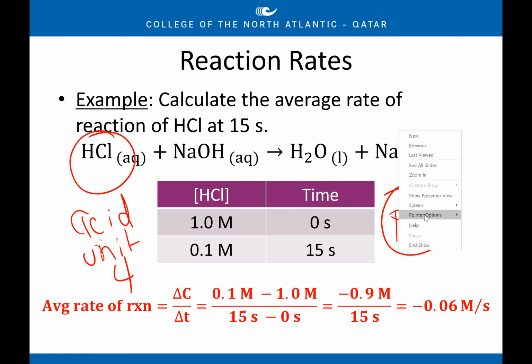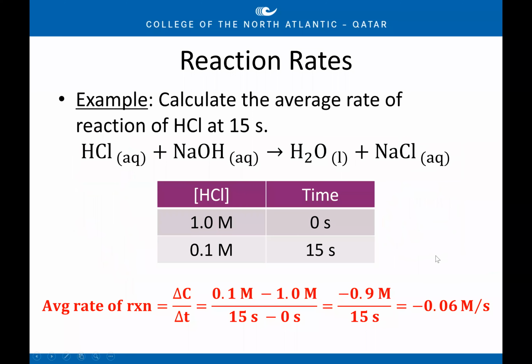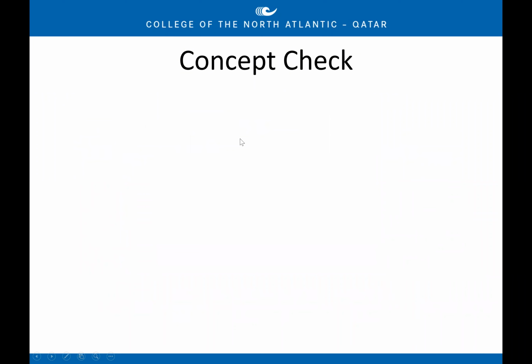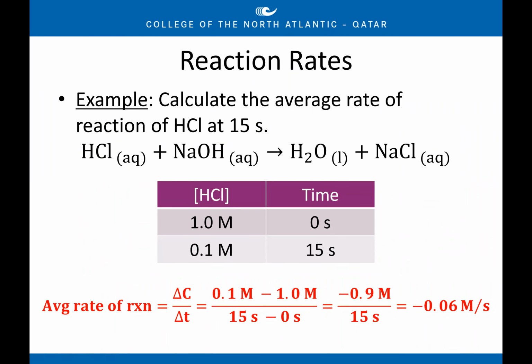Okay, so let me clear my writing. How do we do this calculation? Very, very easy. Calculate the average rate of reaction of hydrochloric acid, that's HCl, for 15 seconds. So at 0 seconds before I even do the reaction, the concentration of HCl is 1 mole per liter.